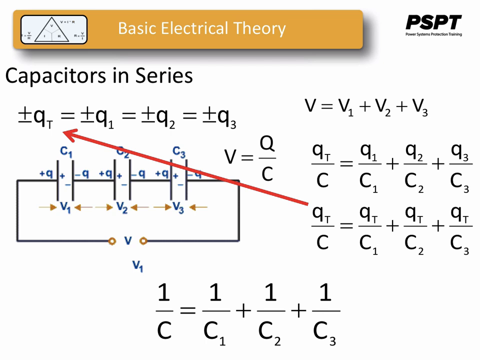So you can now calculate the result of connecting 3 capacitors up in series with this equation, which is not too unlike what we get with resistors when we connect them up in parallel. But in this case, we're connecting the capacitors up in series, and this is how you calculate the total capacitance of the 3 capacitors.